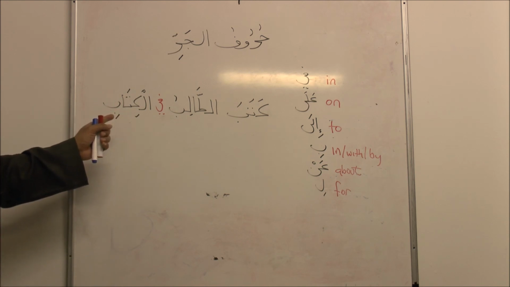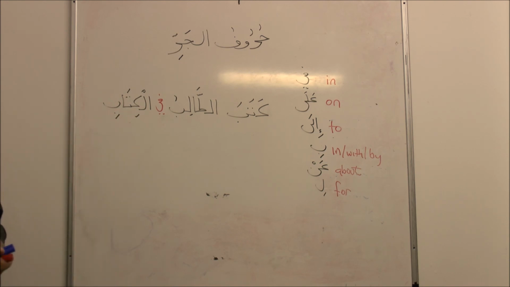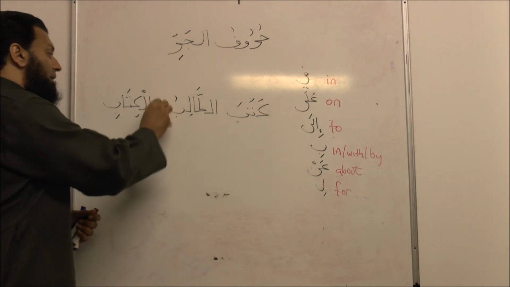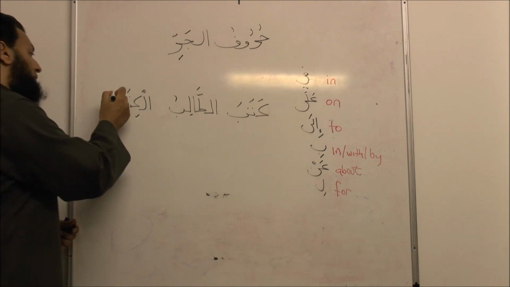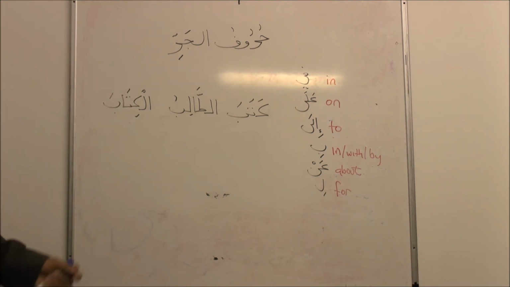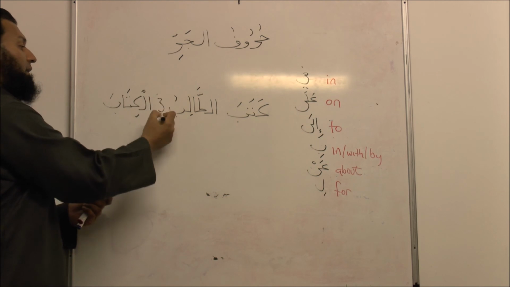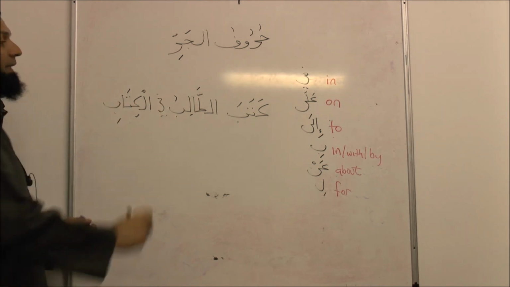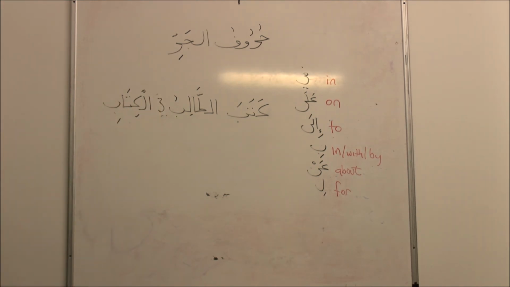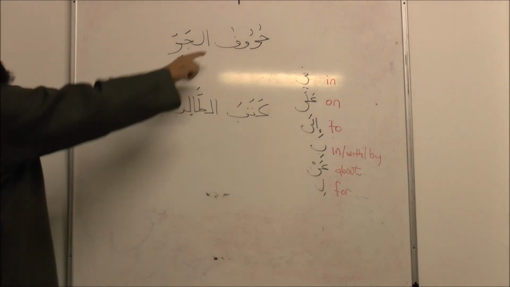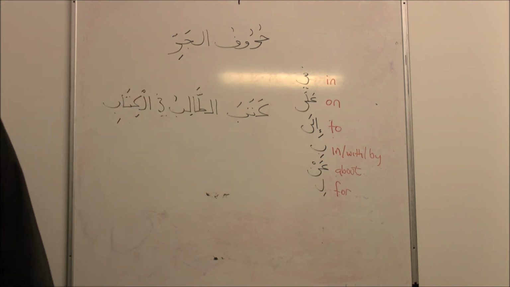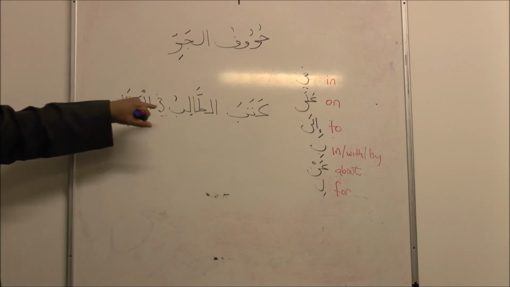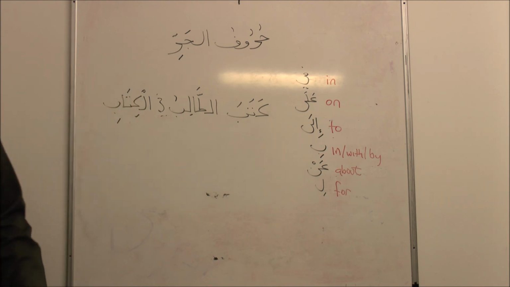If we remove the fi, then what happens? It goes back to al-kitaba. If we put fi back in, it becomes fil kitabi again. So that's an example of where a harfu jarrin comes before our maf'ulun bihi, our object, and renders it majrurun.